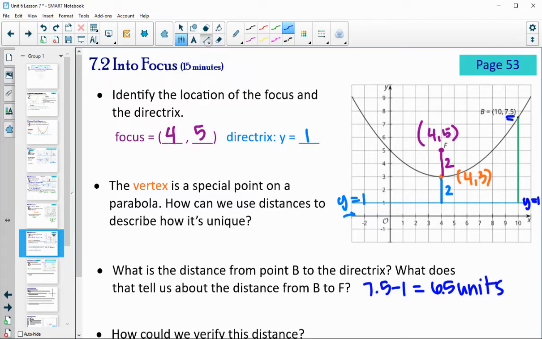So what do we then know about B to the focus? Since any point on this parabola is the same distance from the directrix as it is from the focus, we would know that this distance is actually 6.5 as well.